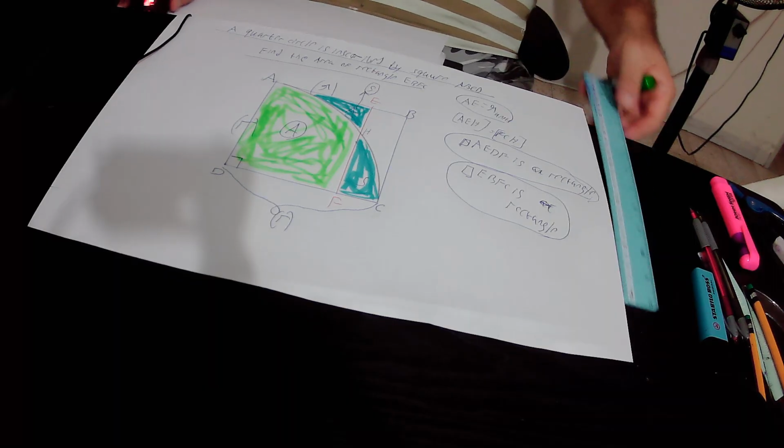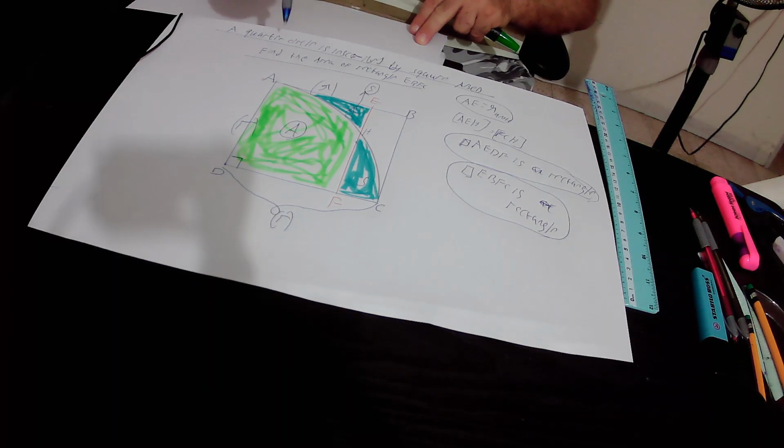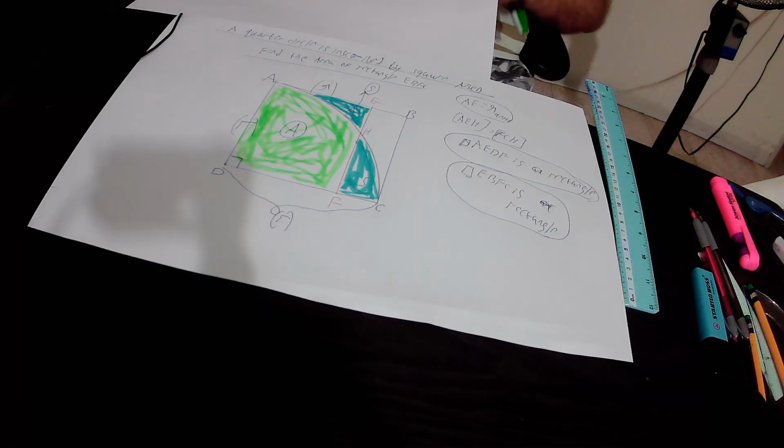So from the other side we found out that the area of this rectangle AEFD is equal to A plus S square units.